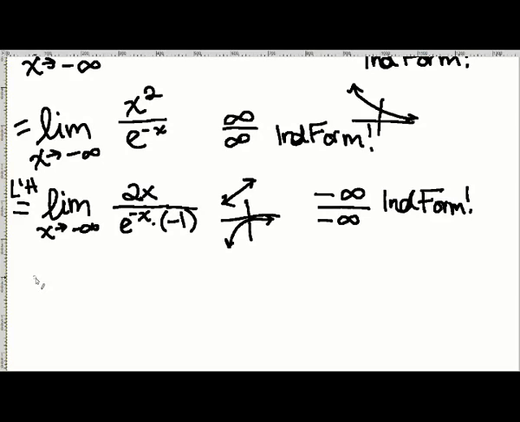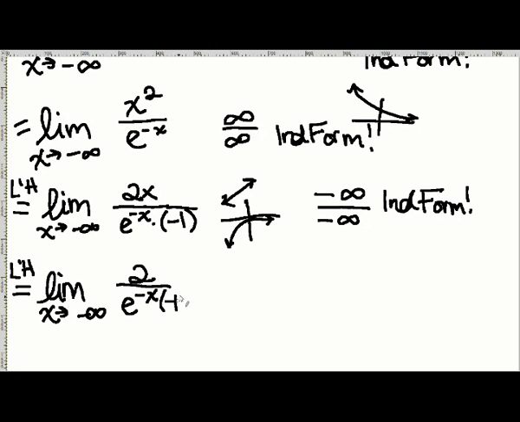But if I apply L'Hopital's rule one more time, which I'm allowed to do for infinity over infinity indeterminate forms, the derivative of 2x is 2, and the derivative of e to the minus x is e to the minus x times minus 1, and I still have this factor of minus 1 left.